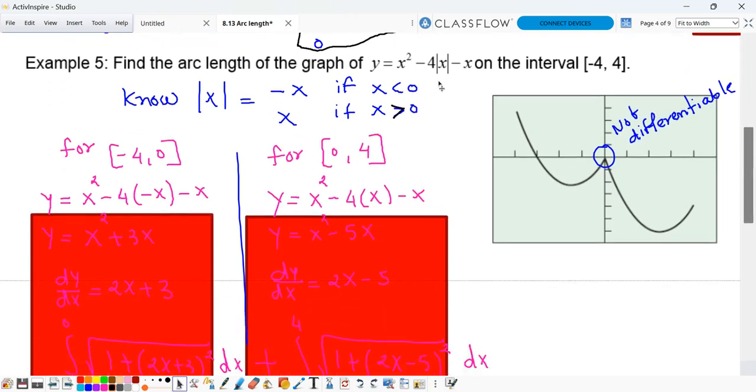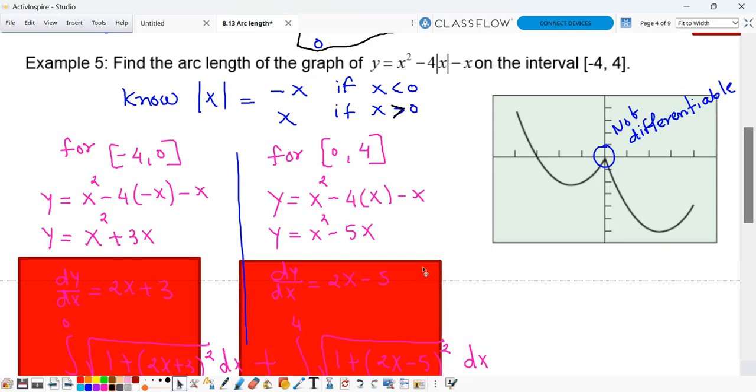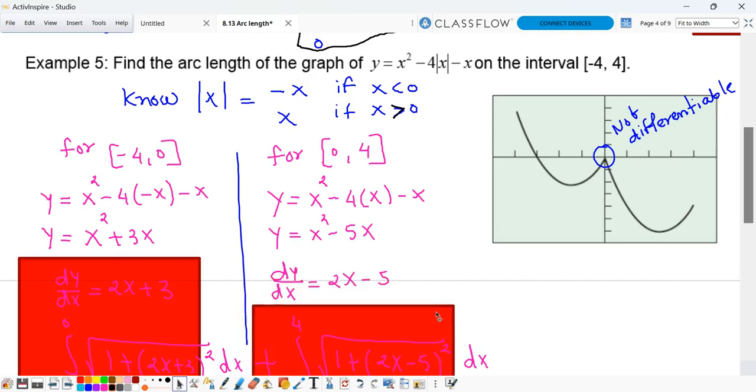One more time, let's understand. This is a relatively easy question, but you must know the basics about absolute value of x. So -4 to 0 is negative and 0 to 4 is positive. Now you simplify. It becomes x squared plus 3x, because the two negatives make a positive, and the other becomes x squared minus 5x.